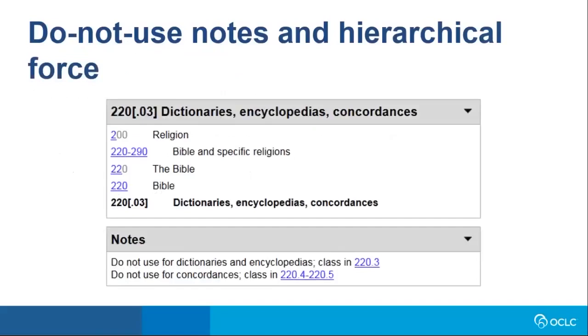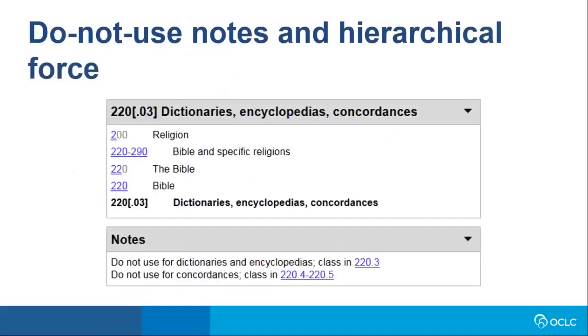And sometimes we would say that these notes did have hierarchical force, sometimes not. What we mean is this, and the change that we made was to make sure that this is clear in the introduction, that when we have a do not use note in a place like this, it does not mean that you cannot use 03 in other places in the 220s about the Bible.